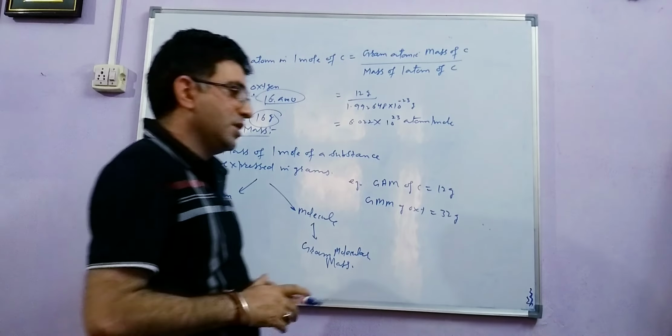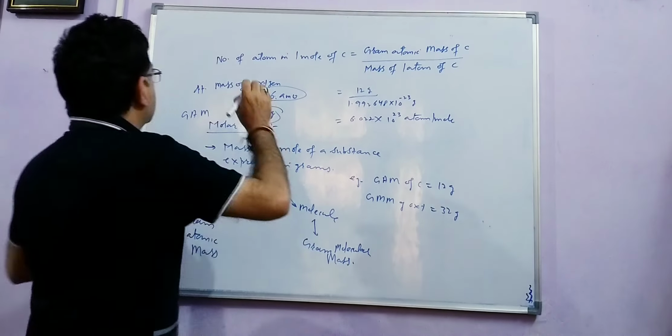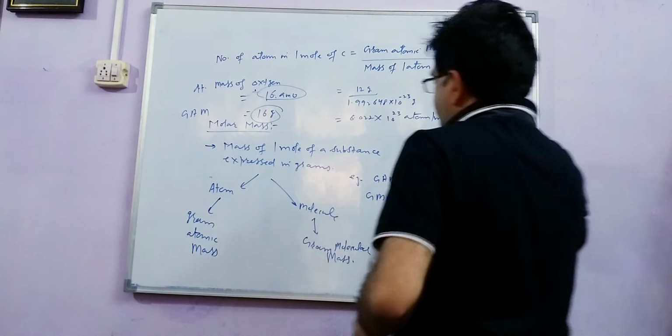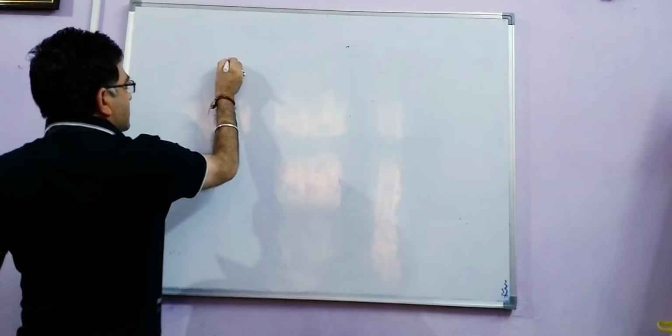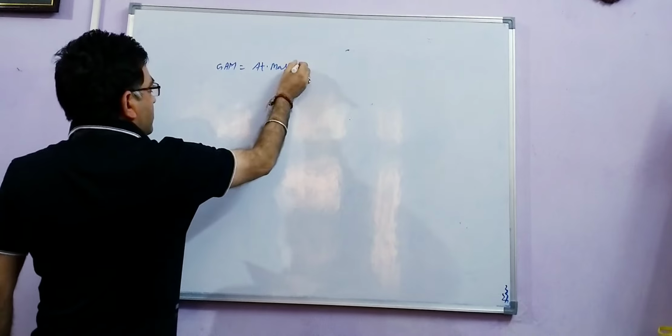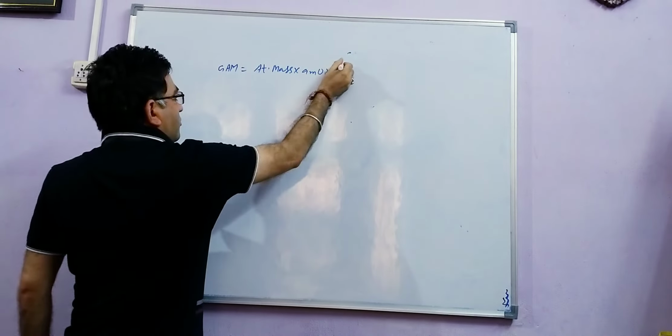For this purpose, you just keep in mind one formula. There are two ways to calculate this. First is, just write down gram atomic mass equal to atomic mass into AMU mass into Avogadro number.